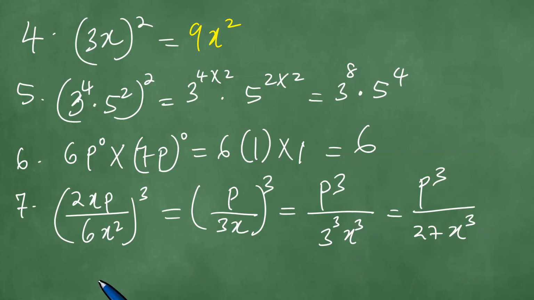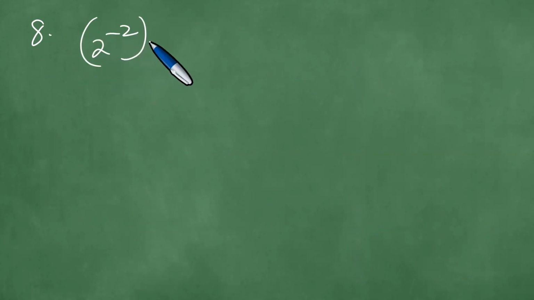Okay, next one. This one here. You need to simplify number 8. Okay, so what's the answer to this one? 2 to the power of minus 4x minus 1 minus 2.